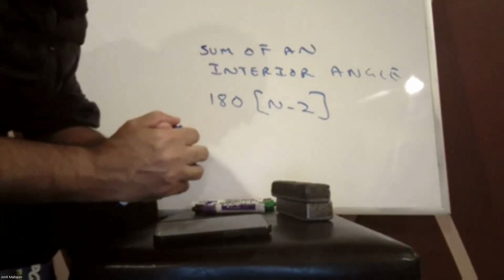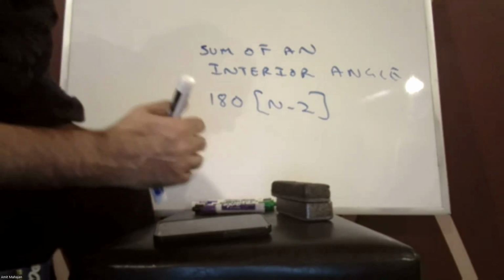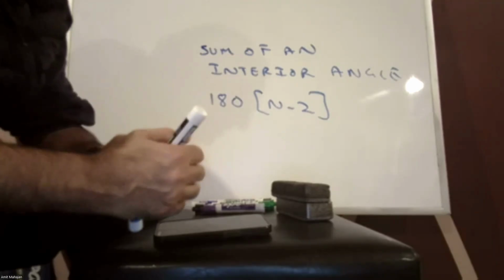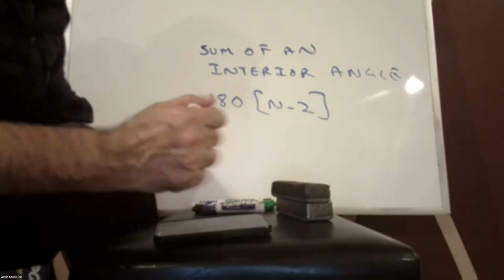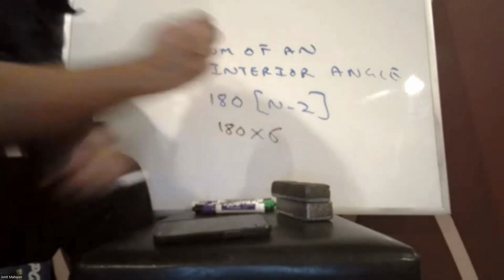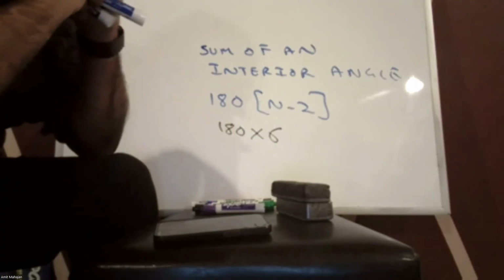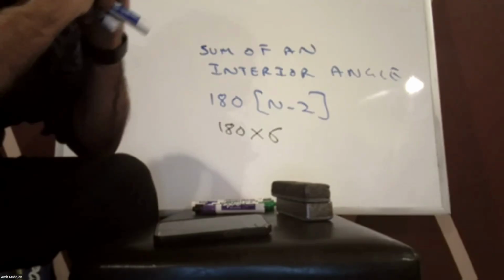In an octagon, how many sides are there? 8. Beautiful. What is 8 minus 2? 6. Okay. What is 180 times 6? 1060. Is it 1060? Yeah. Can anyone check and confirm?